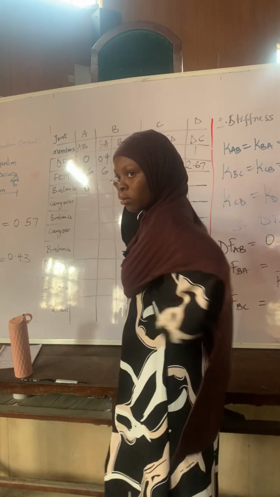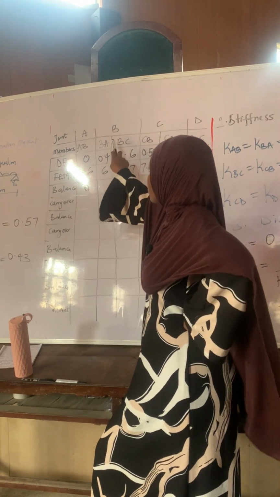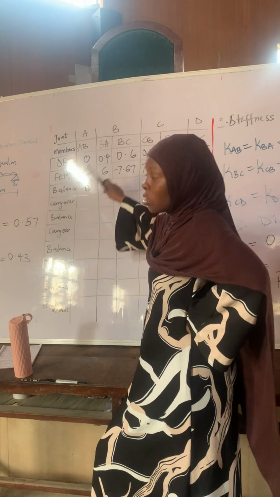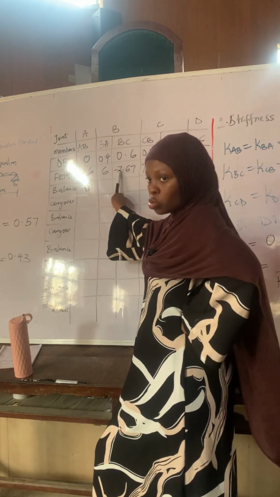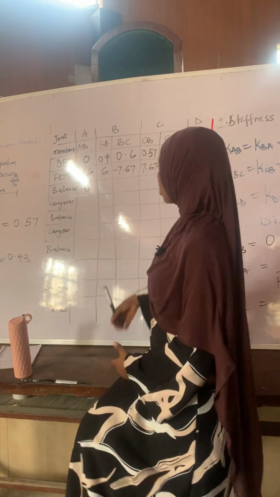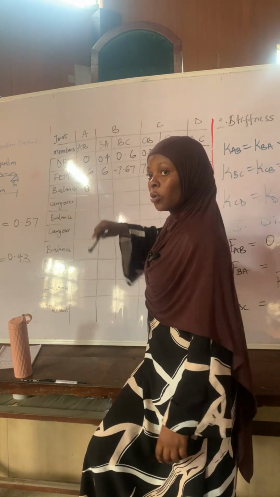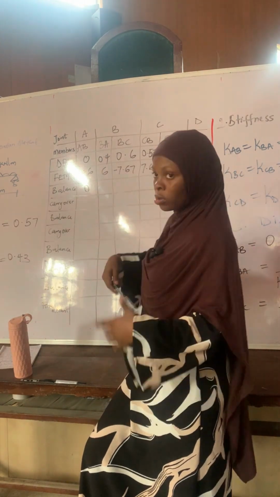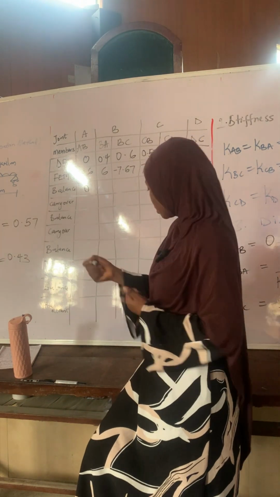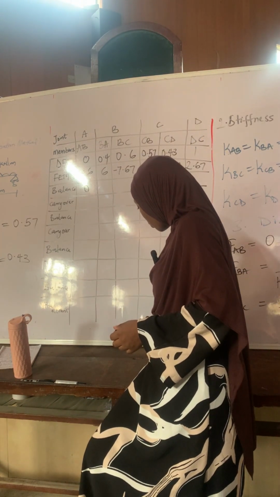So you come here. At joint B, we have what? BA and BC, right? So you're going to add the two together and multiply your answer by your distribution factor. So 6 minus 7.67 is minus 1.67, right?